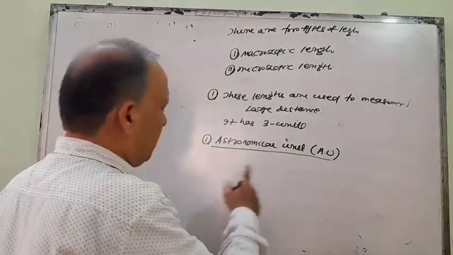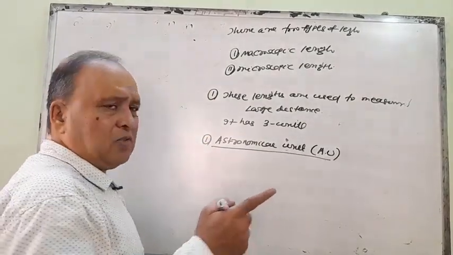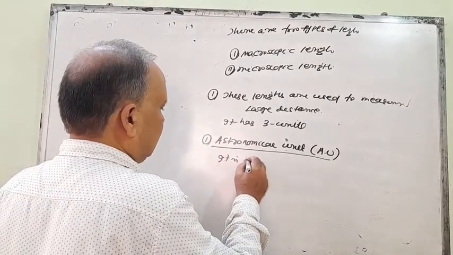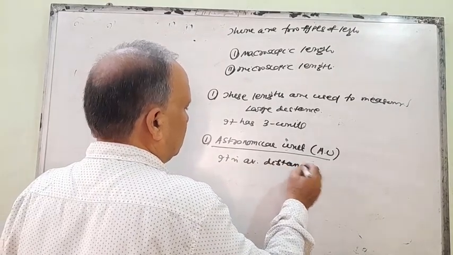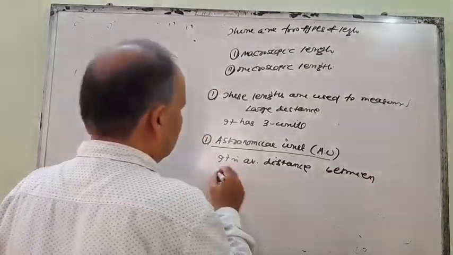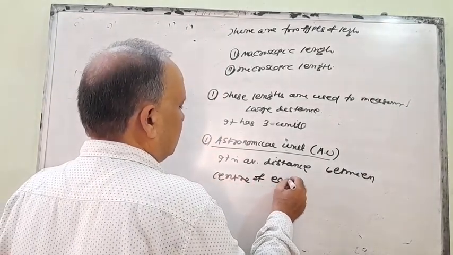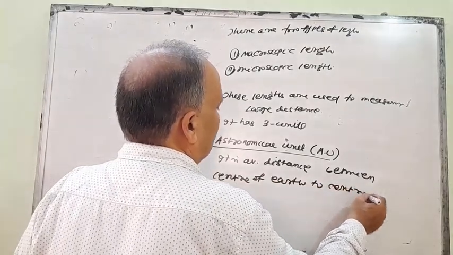It is the average distance between center of earth to center of sun.